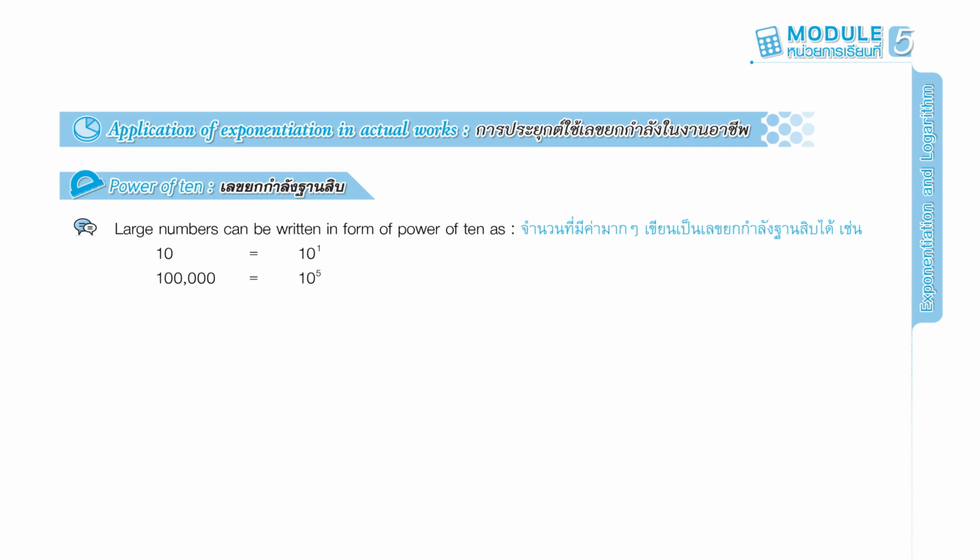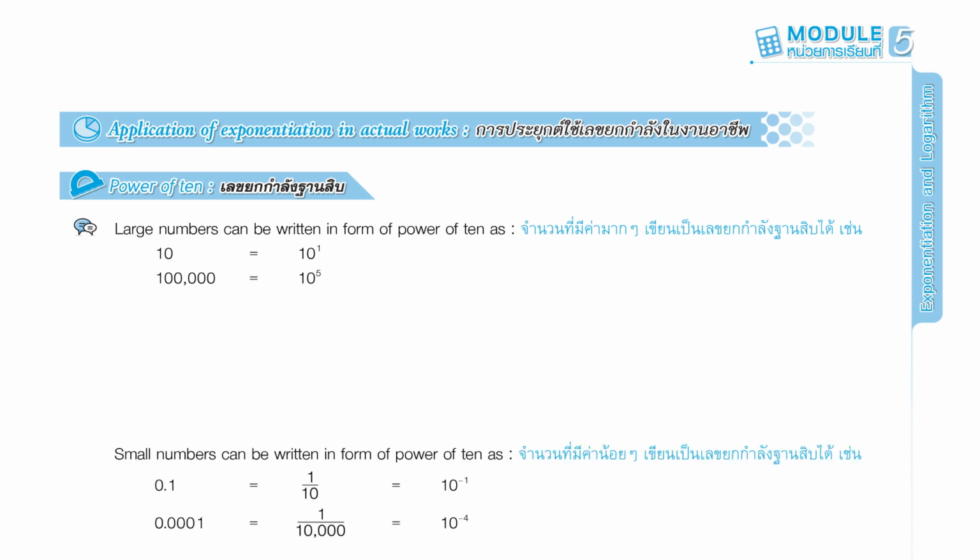Page 139. Application of exponentiation in actual works. Power of 10. Large numbers can be written in the form of powers of 10: 10 equals 10 to the first power, 100,000 equals 10 to the 5th power.